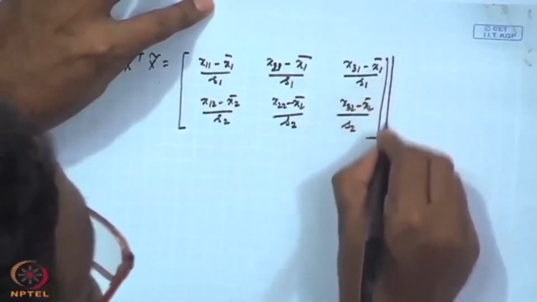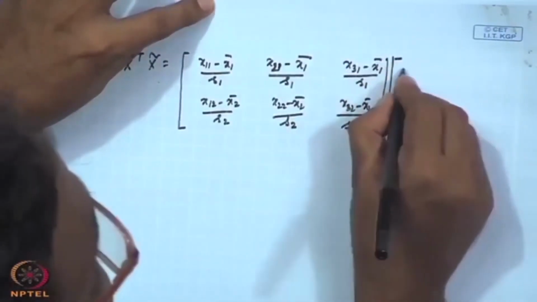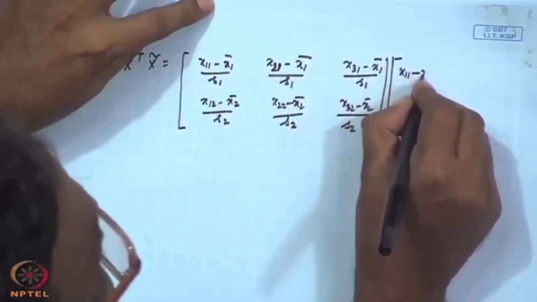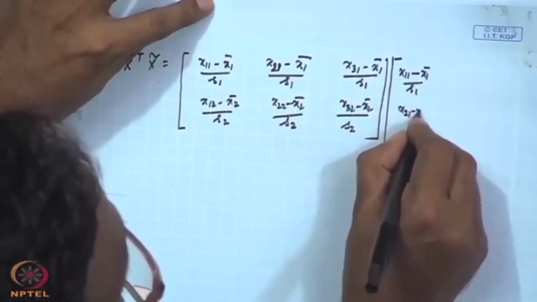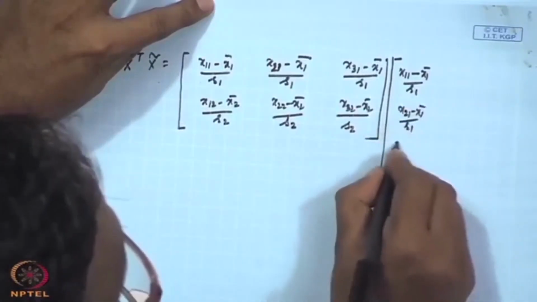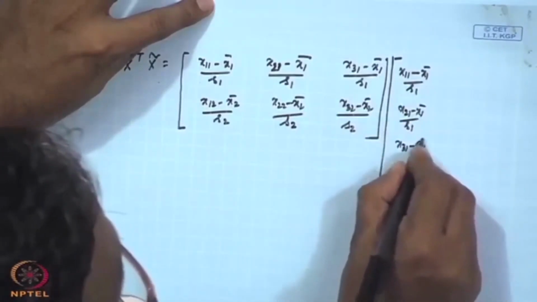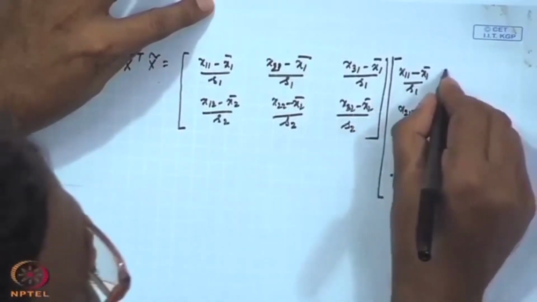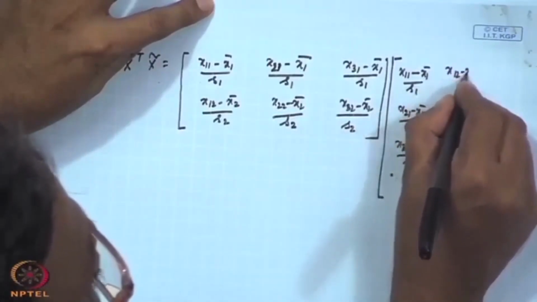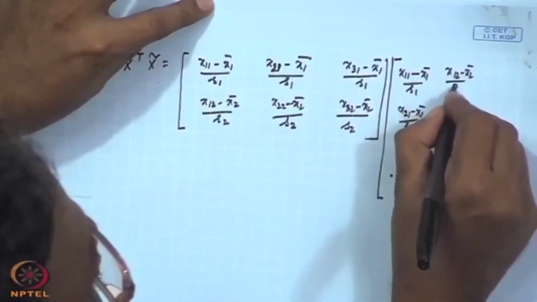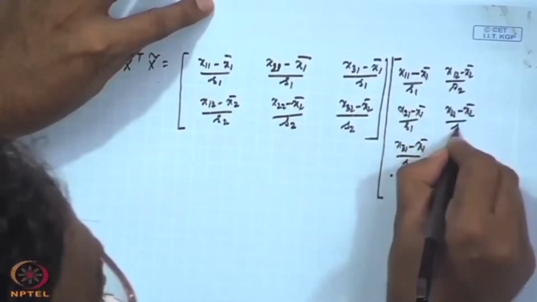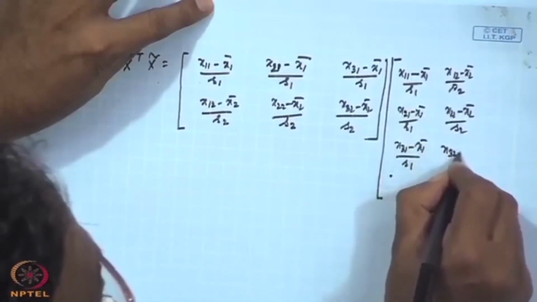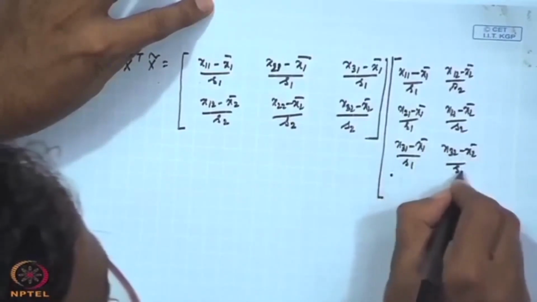This time you will be writing the same thing, x11 minus x1 bar by s1, x21 minus x1 bar by s1, x31 minus x1 bar by s1, then here x12 minus x2 bar by s2, x22 minus x2 bar by s2, x32 minus x2 bar by s2.